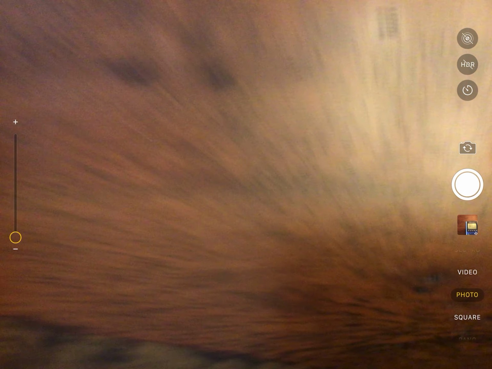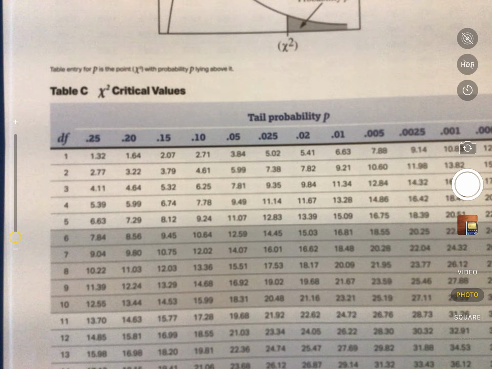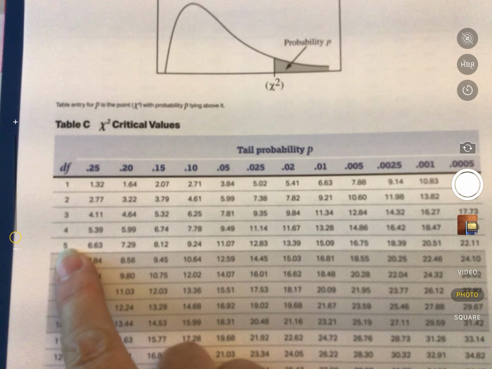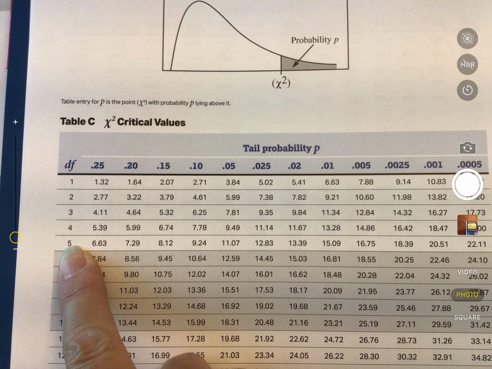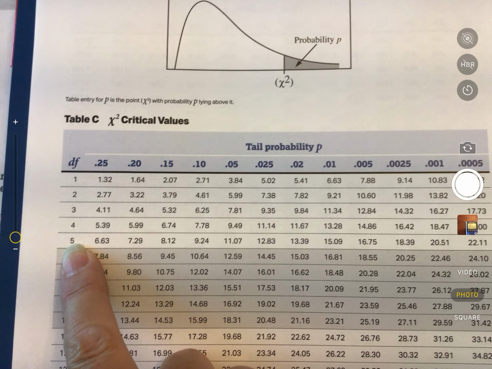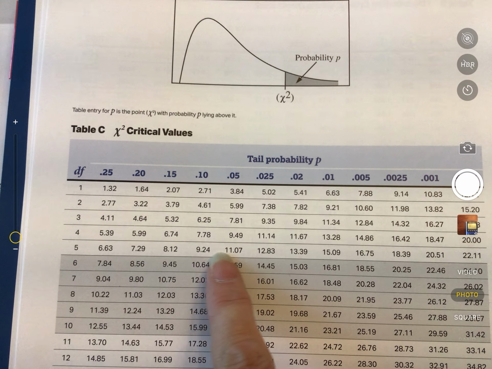And then let me show you how to use the table in case you need to use your table on the AP test, in case your calculator horribly would die on you. If I go to my chi-square table here, we had 5 degrees of freedom, right? So we would look for our chi-square value as close as we could get to it.